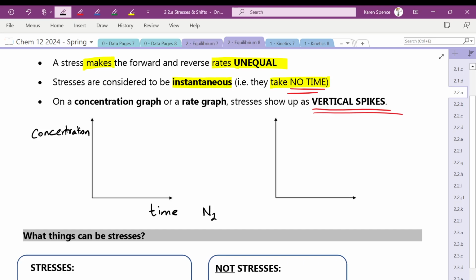Oh, here we go. N2O4 in equilibrium with 2NO2. So there's our system, which is at equilibrium.